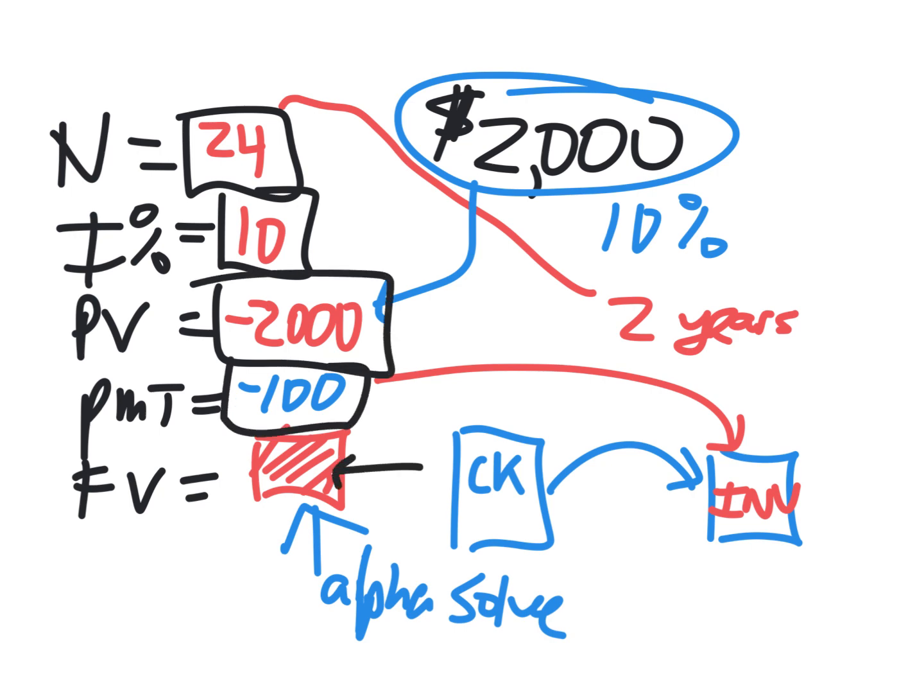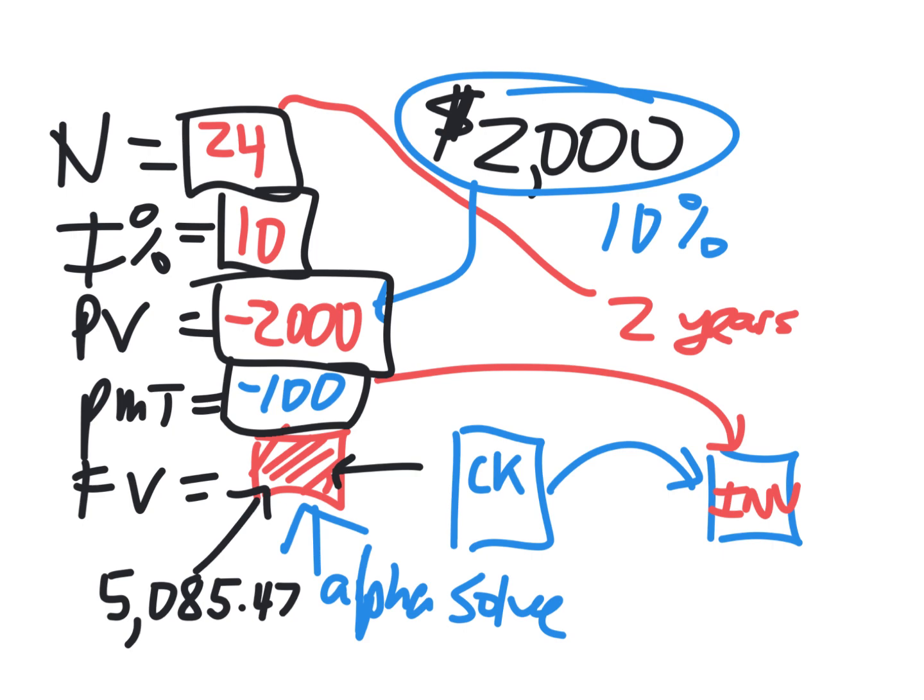Alpha solve there. Eli, would you take over and tell me the future value on this one? I got 5,085.47. It sounds very believable. Did anybody else get that same answer? A lot of people did.